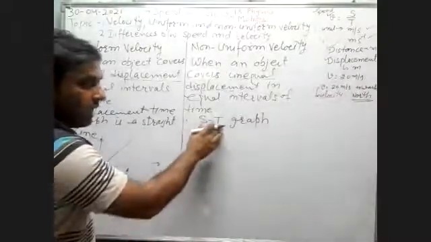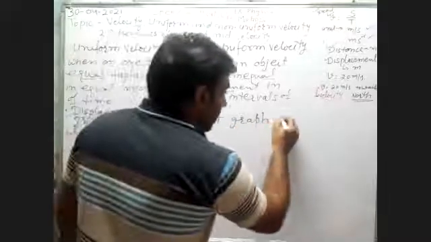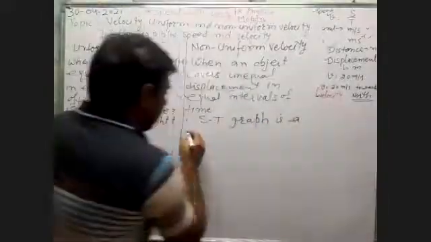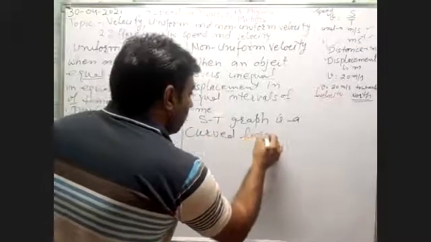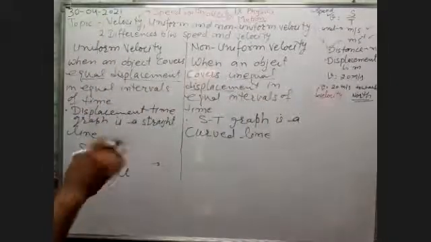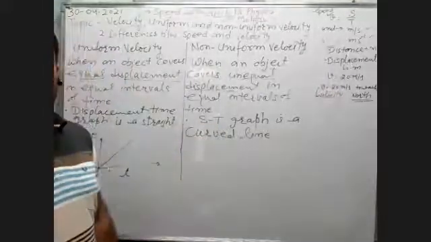The ST graph is a curved line, or it can be a zigzag line, but it will not be a straight line.